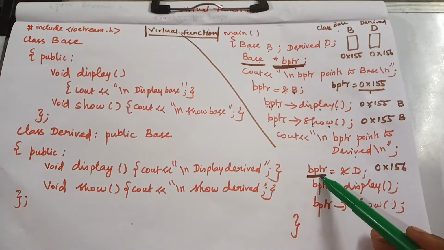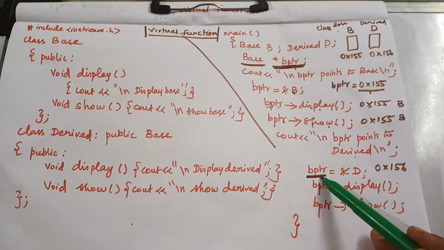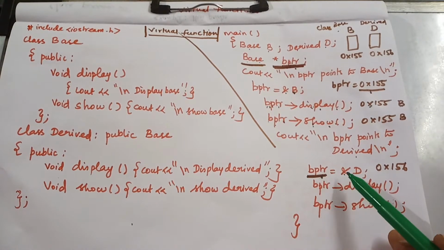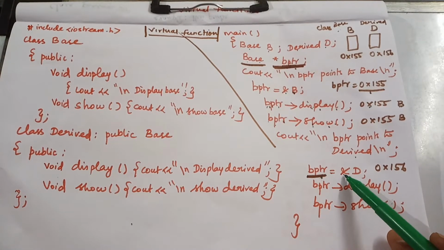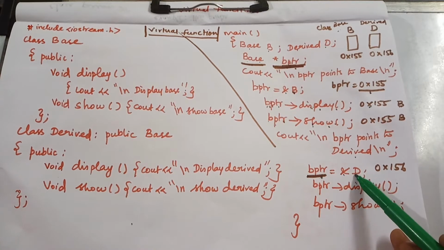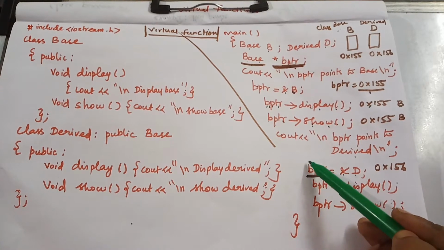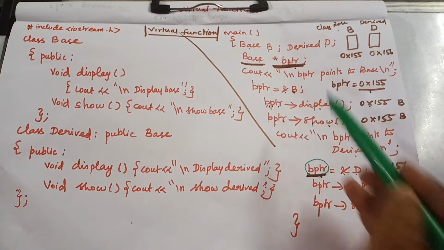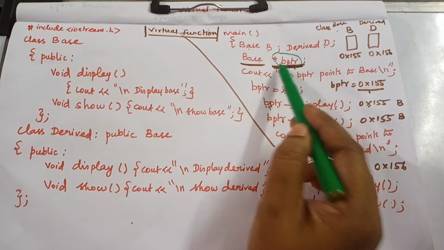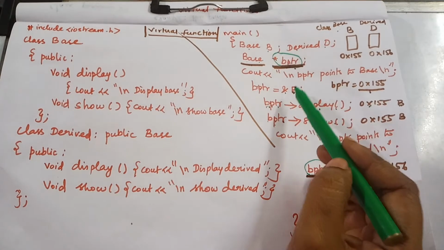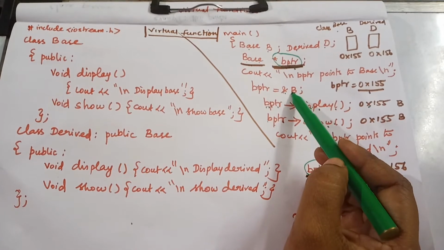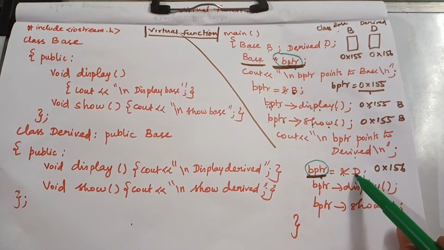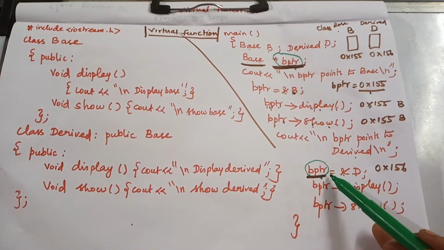Similarly, here the same pointer variable you are using, but you are changing the address. So now we are using the address of the derived class object. So only one pointer variable you are using. In that pointer variable you are saving the address of the base class object and also the derived class object. Like this you can manage the memory space.